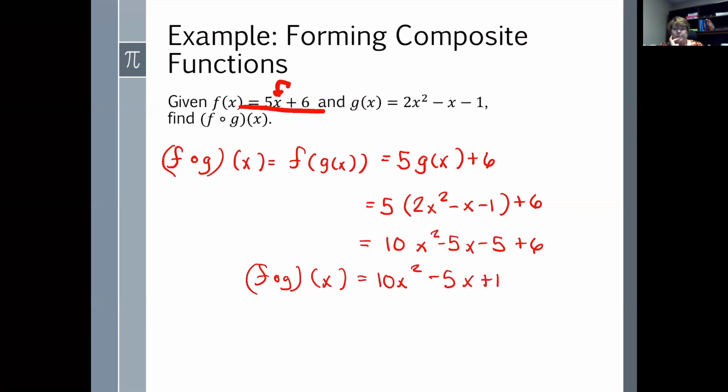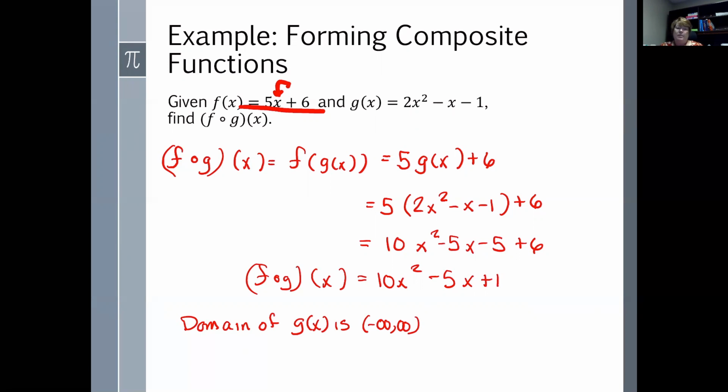There's no square roots, there's no fractions there that contain an x. So the domain of g of x is the set of all real numbers. So if it's in the domain of the composite, it must be in the domain of g.